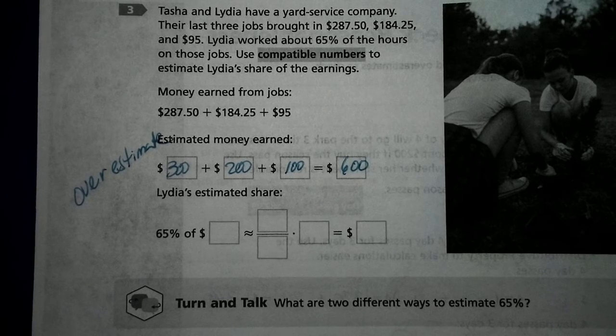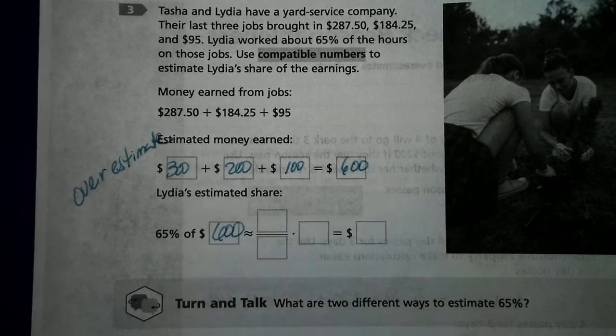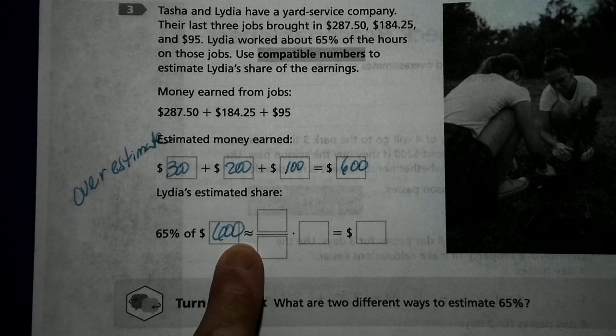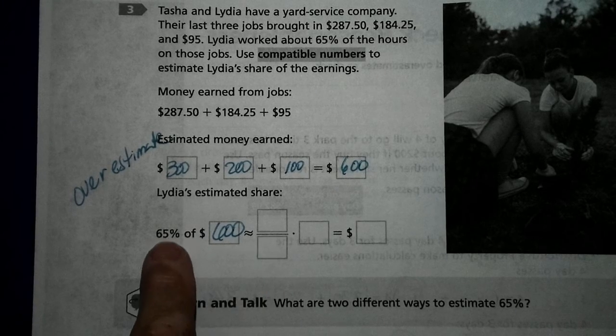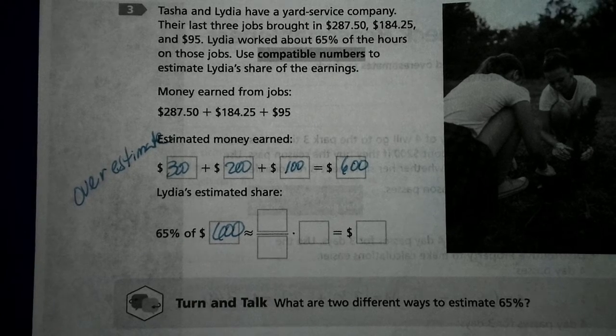All right, so she makes 65% of that money. So we would need to multiply the 65 times the 600. The reason why it says approximately is they want you to round that 65% to the closest fraction.